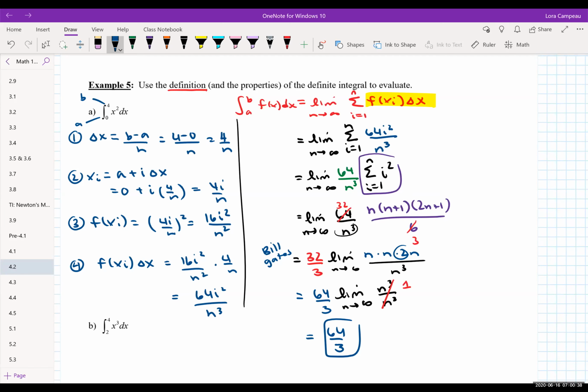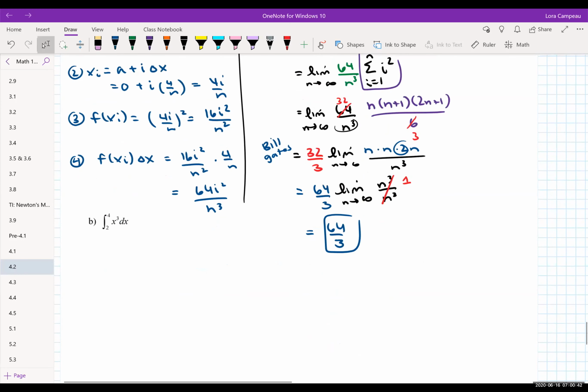Let's do one more before we stop for this section. I'm looking at the integral from 2 to 4 of x cubed with respect to x. I could play around with this.